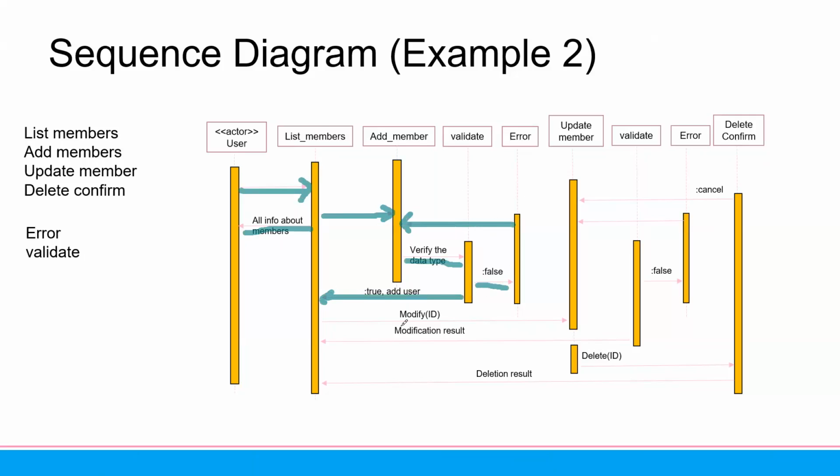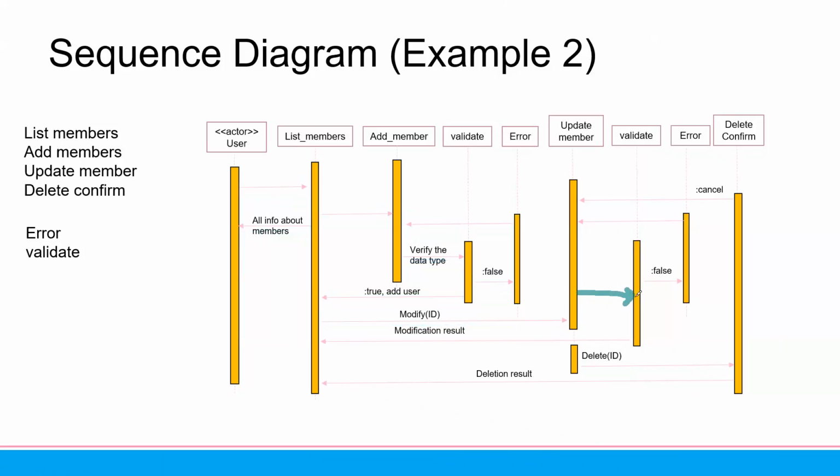If you want to modify, you can modify the user, using the update member. Oh, I guess I missed some part here. There should be a line on the validate, because we are going to validate what we updated.